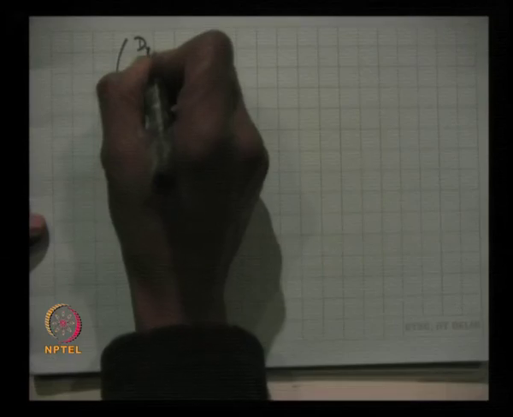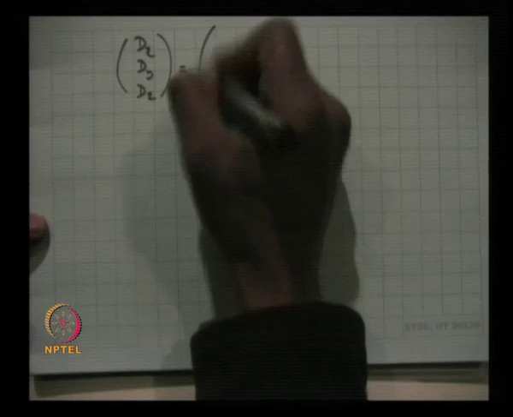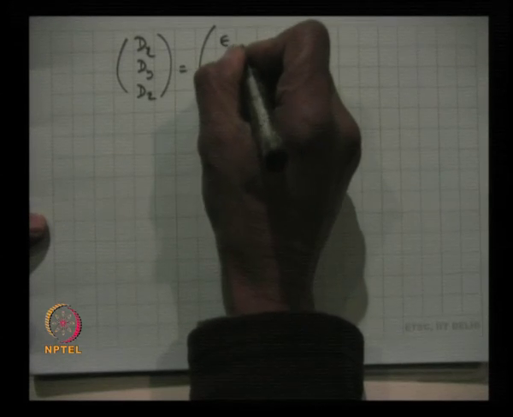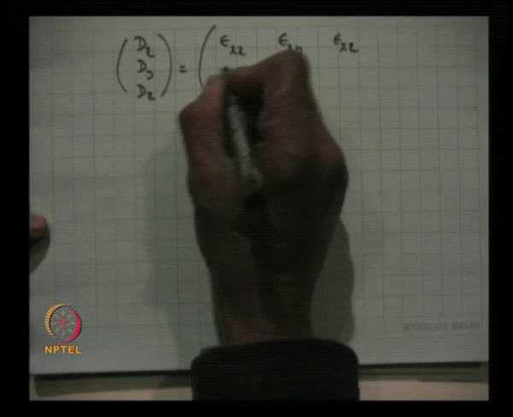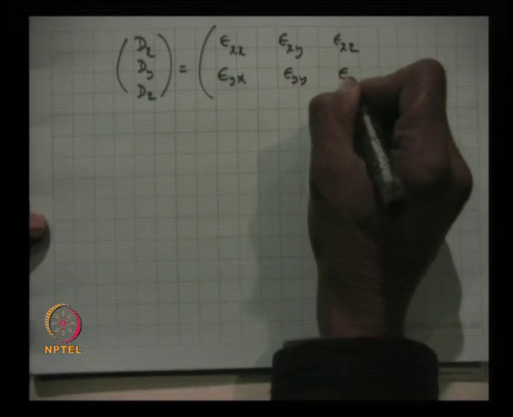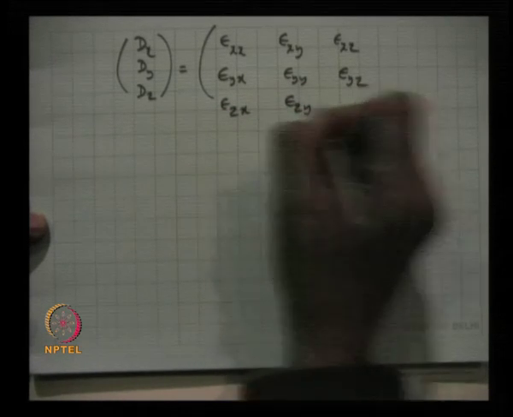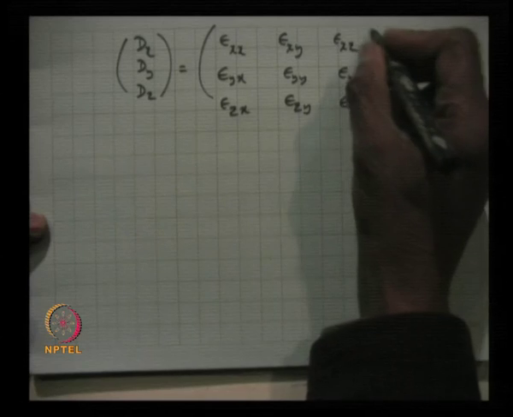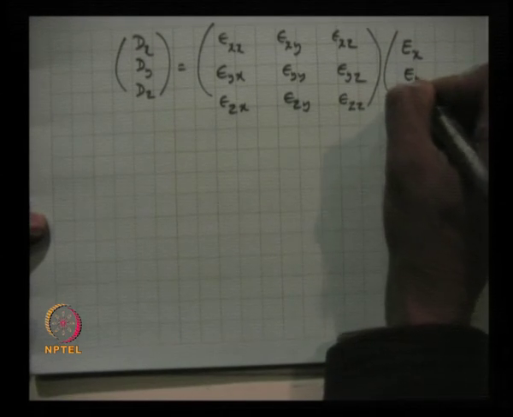So, in fact, I can write this in a matrix form. This will become Dx, Dy, Dz is equal to the matrix epsilon xx, epsilon xy, epsilon xz, epsilon yx, epsilon yy, epsilon yz, epsilon zx, epsilon zy, epsilon zz, into E x, E y, E z.